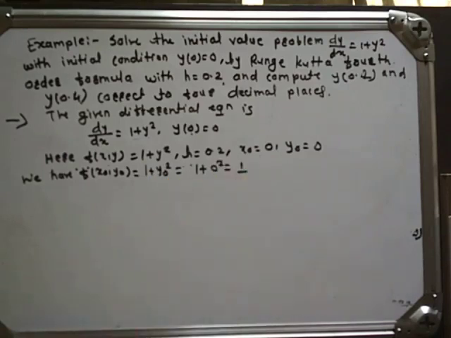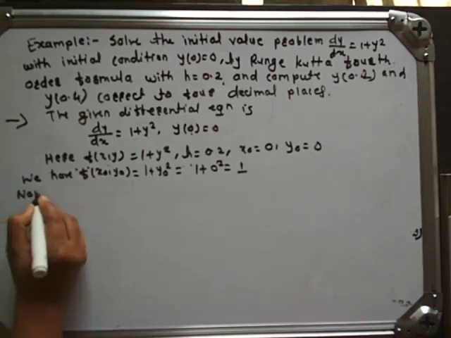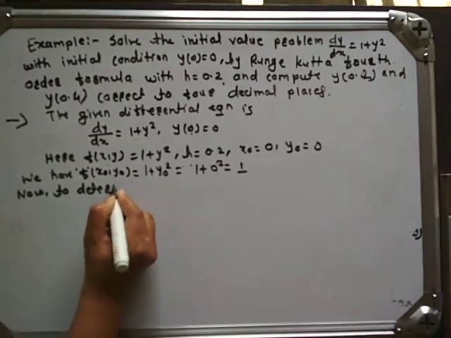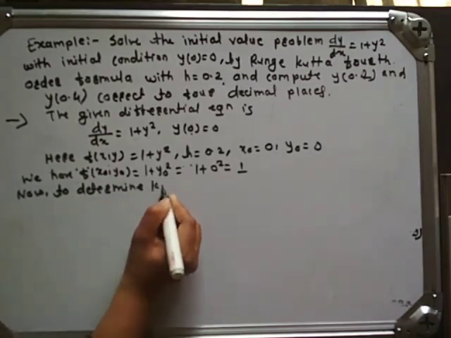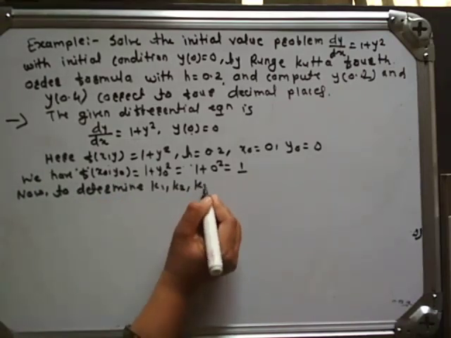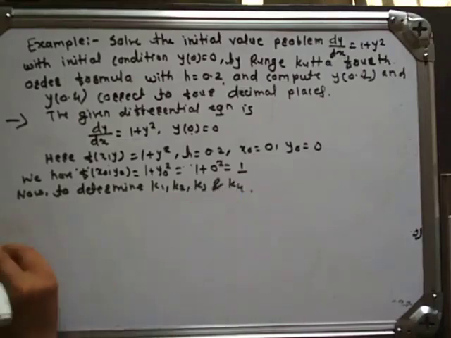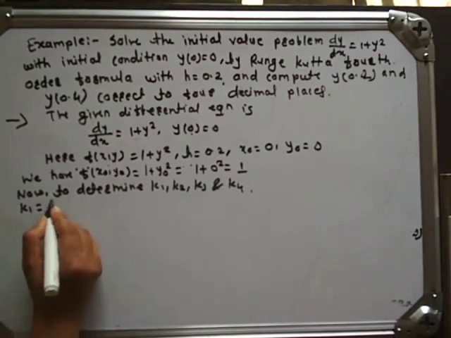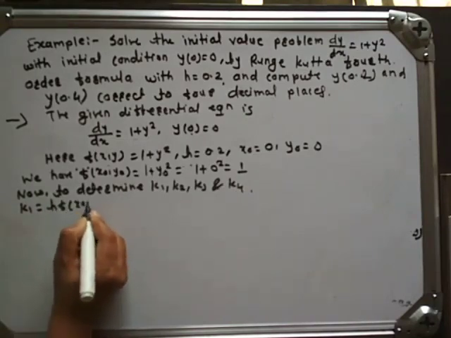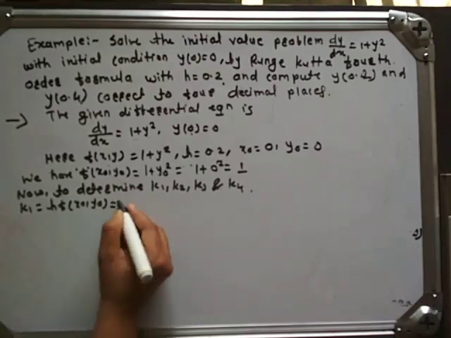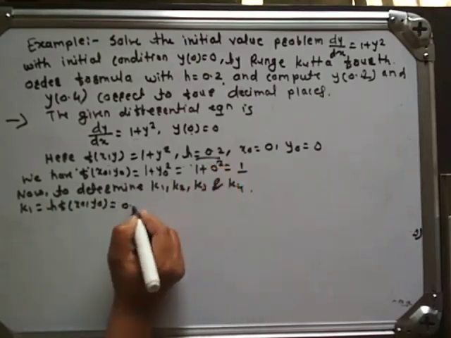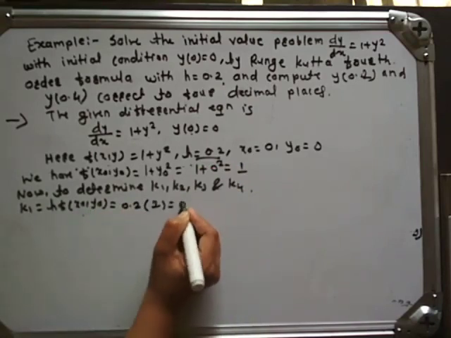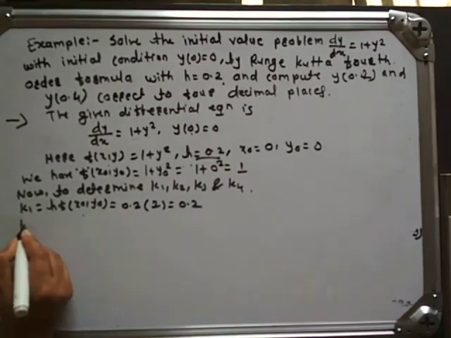Now to determine k1, k2, k3 and k4. K1 is equal to h into f of x0, y0. H is 0.2 into f of x0, y0 is 1. Okay, this is 0.2.